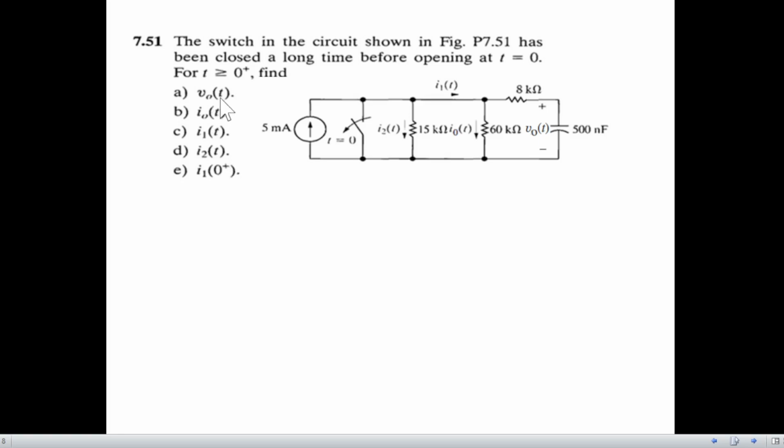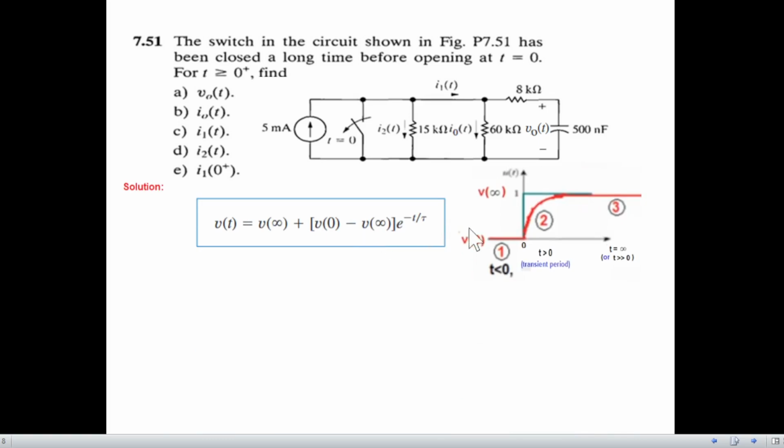Now V0(t) or V(t) is always the voltage across the capacitor. So we have to find this voltage. I0(t) given here is the current through the 60k resistance. Then next is I1(t), this current, and then I2(t), and then I10(t). So once we have found I1(t), we just put t equal to 0. So this will be our strategy.